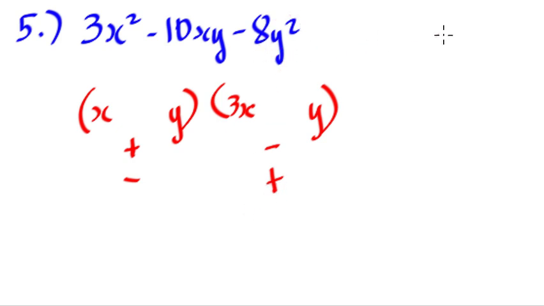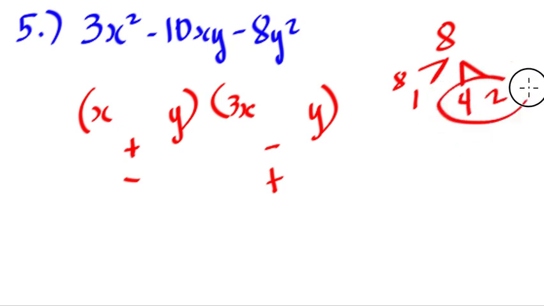Okay, so what are the factors of 8 first? So the factors of 8 are, it can be 8 times 1, it can be 4 times 2. Yeah, those are the only two choices that we can have. Let's try this first. Since the middle term is negative, we're expecting the one with the bigger absolute value is going to be negative.